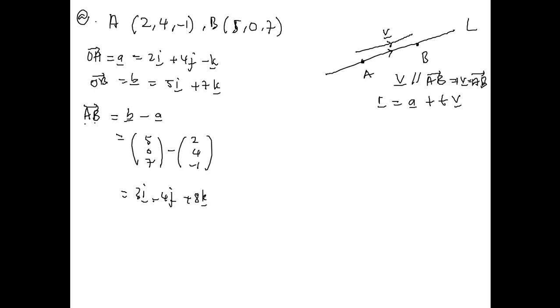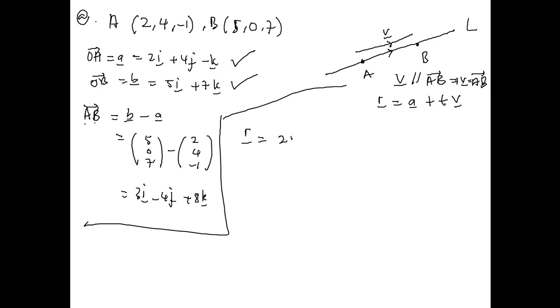The final answer should be in vector form, and this is V. Substitute. r is equal to a, where you can take position vector A or B. Say I take A: 2i plus 4j minus k plus tV, where V is equal to AB, or you can write plus t times vector AB.